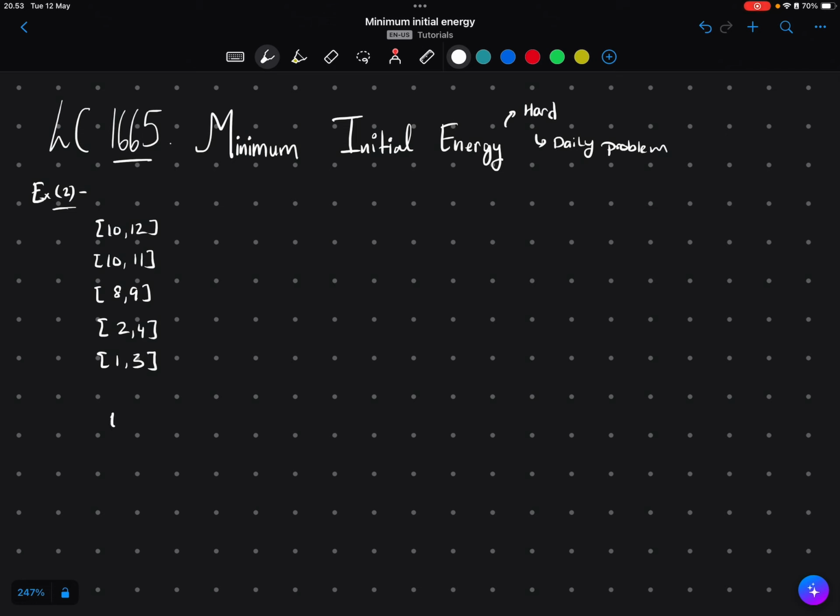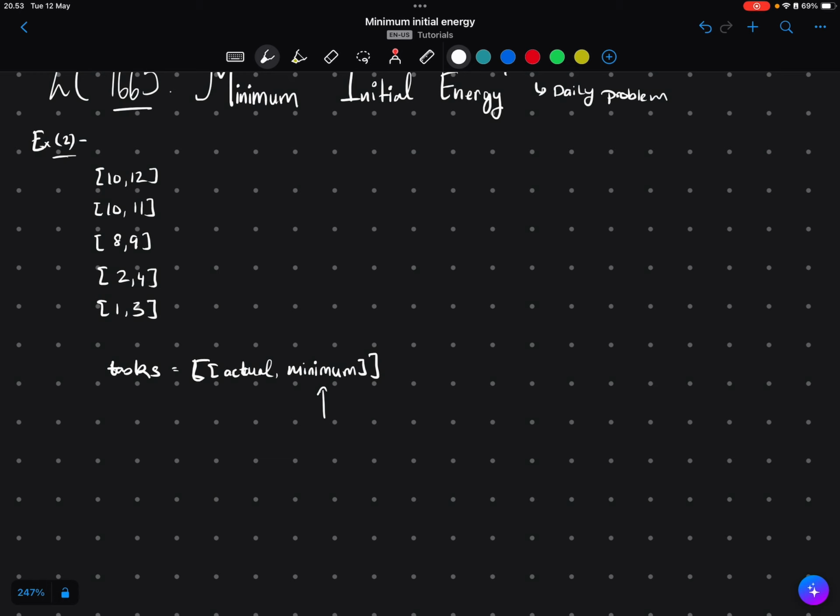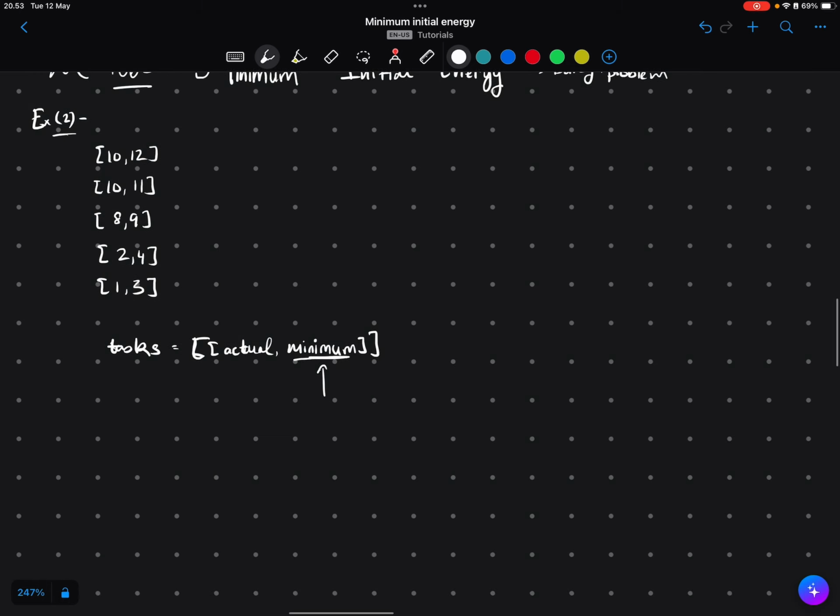The first thing the question states is we're given a tasks array. In each entry, we're given an actual and a minimum, and we have to determine the total minimum amount of energy we might need to satisfy every task's minimum condition. Essentially that's what they want.